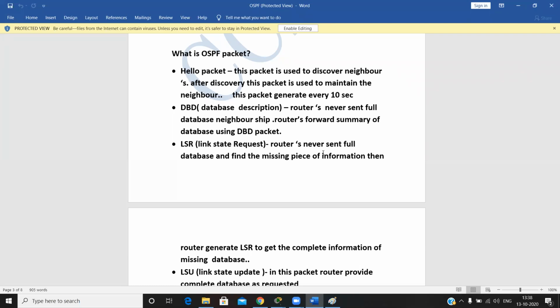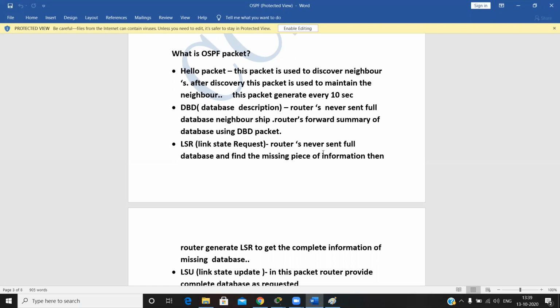Then our next packet is the DBD packet. A router never sends the full database; the router forwards a summary of the database using the DBD packet. Suppose I meet Bhuvan for the first time, I can send hello Bhuvan, how are you?